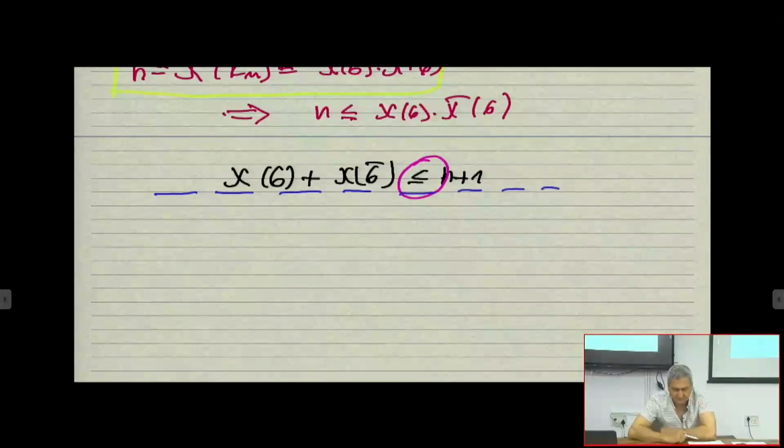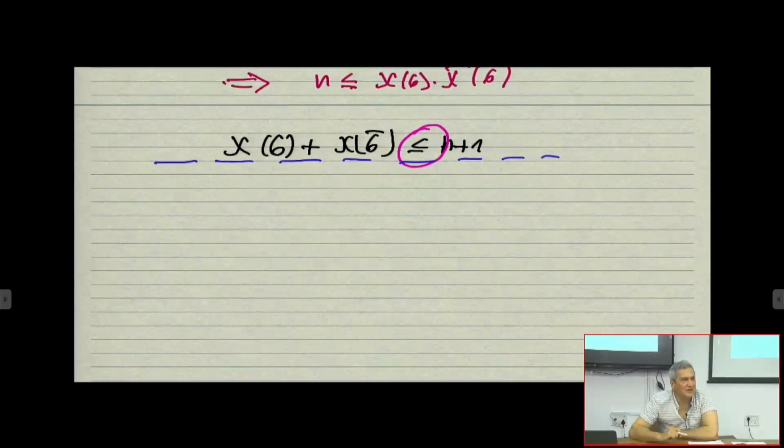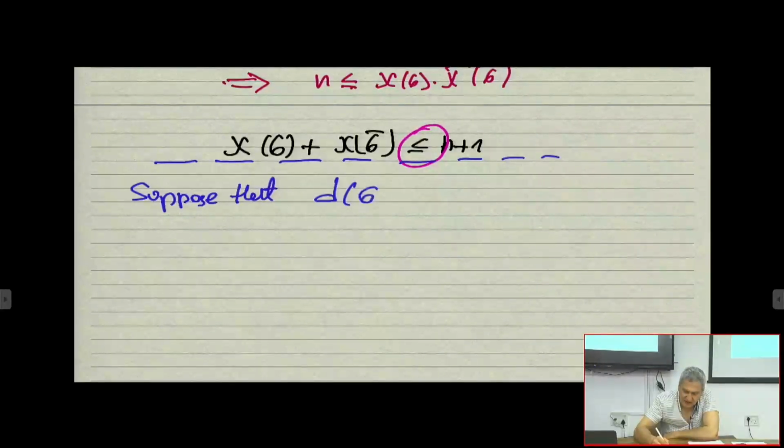We will use a little bit of degeneracy. Suppose that the degeneracy of G is K. Okay?